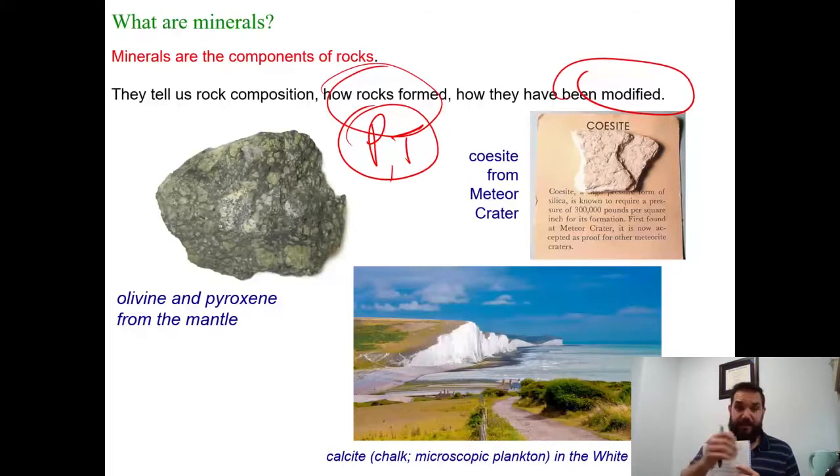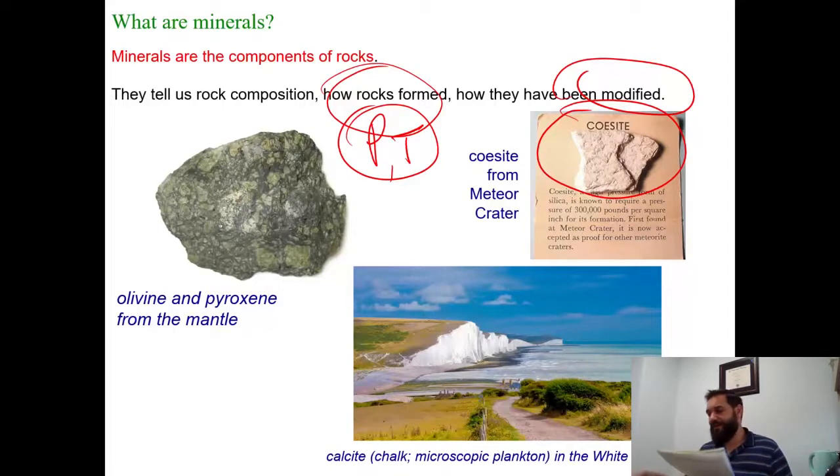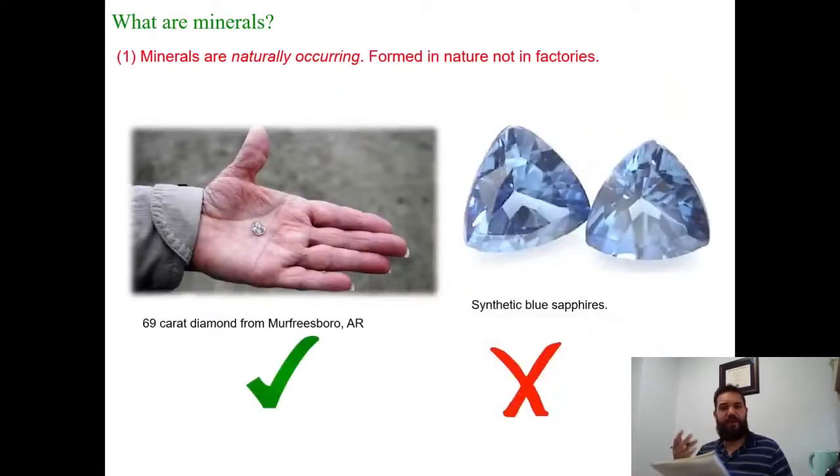We're going to see lots of examples of that when we talk about metamorphism in this class. But anyway, they tell us so much stuff, even whether there's been meteorite impacts, because certain minerals are only found in meteorites. So we can look at things like that too. So many things, and you'll see as we move along in this class how much minerals can tell us.